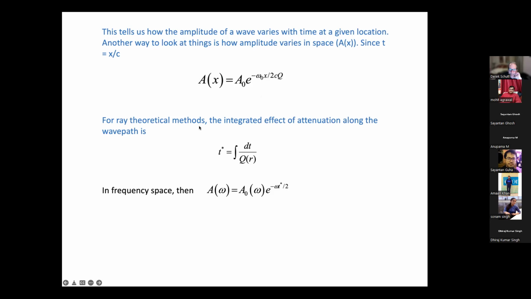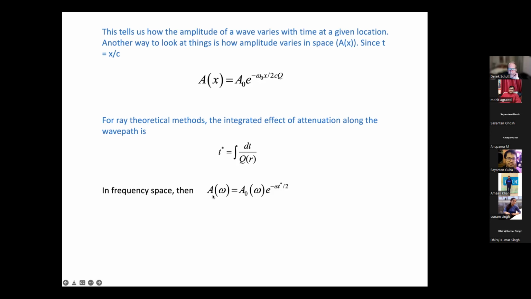And for theoretical methods, the integrated effect of attenuation along the ray path is t star, which is the integral of the travel time over Q of r. And so t star is actually something that can be measured at different seismograms. So if I go to different seismic stations, I can measure t star variations between them and then say something about the Q structure below them.